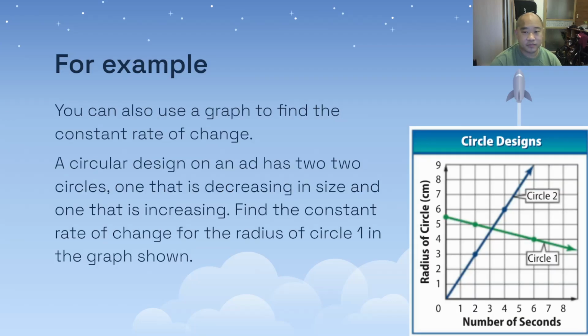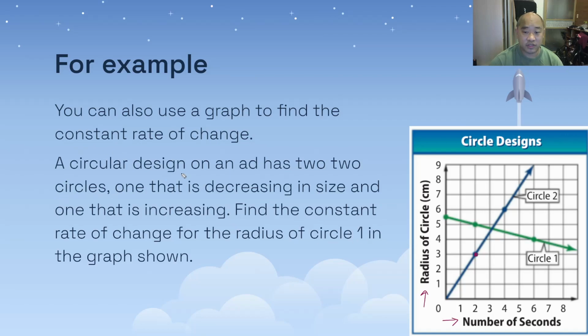Okay. You can also use a graph to find the constant rate of change. So if you have a graph, you can look at any particular point, like this one right here. And a graph, remember, is just a visual representation of the relationship between two numbers, right? So here we have number of seconds, and here we have radius of a circle.